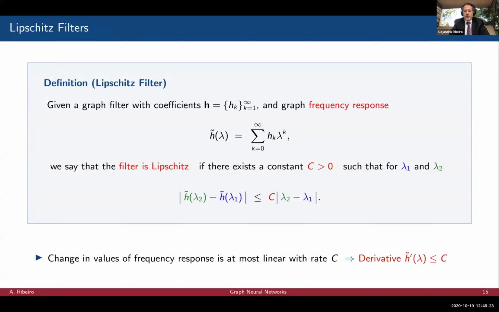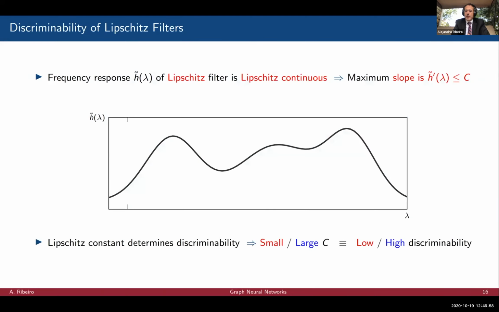The first idea that comes to mind, I would guess, is that of defining a filter that is Lipschitz, in the sense that if the difference between the frequencies is λ2 minus λ1, the value of the filter is bounded by C. By the way, since our filters are analytic functions, they are in particular differentiable, and this condition is equivalent to having the derivative of the filter's response being less than a certain quantity C. Now, a filter that is Lipschitz is not difficult to construct, so this is an example.